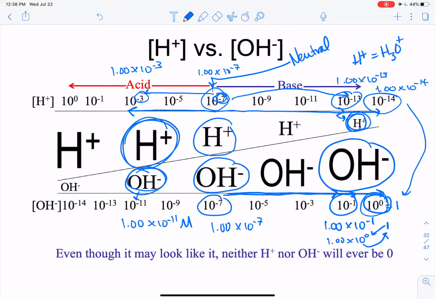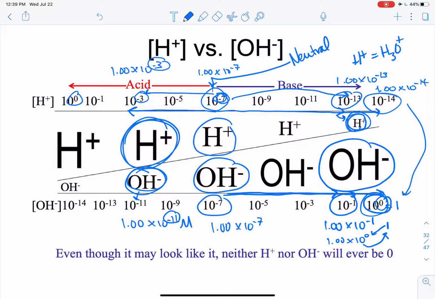So you've got the M there. What we find is that you've got negative 3 and you've got negative 11. And when you multiply 1.0 times 10 to the negative 3 times 1.0 times 10 to the negative 11, you get 1.0 times 10 to the what? Negative 14. Okay, so 14s and 7s and 0s, those numbers should start sounding familiar, especially 7 and 14.